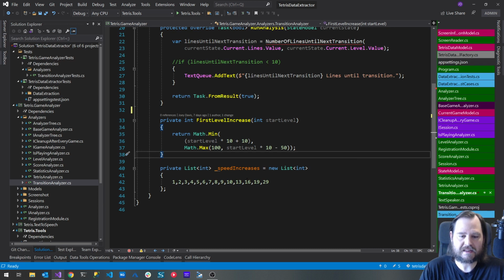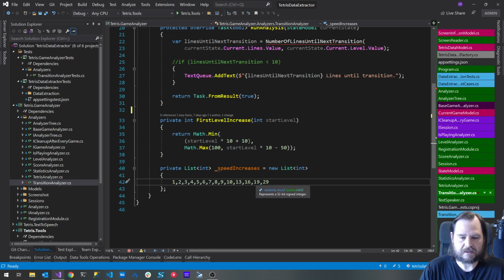So when you hit level 16, that's a speed increase. Anything between 16 and 18 is going to be the same speed. Anything between 10 and 12 will be the same speed. Anything between 19 and 28 will be the same speed. And anything above 29 will be the same speed.